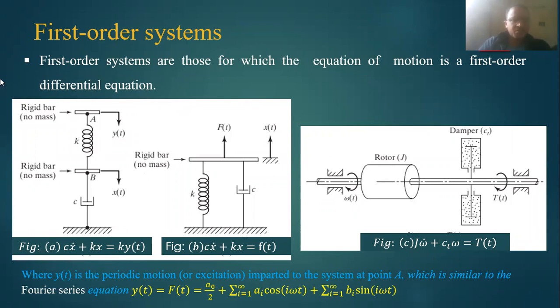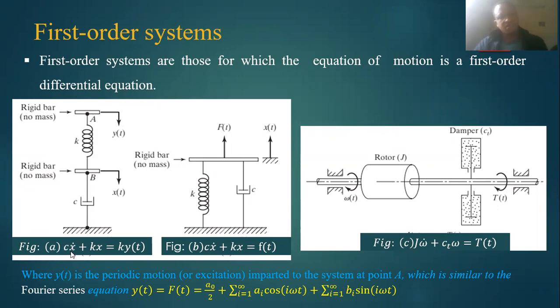This is a system consisting of a massless rigid bar, which is connected with some material stiffness K, and deflecting y of t from point A. Again, there is another rigid bar having x of t. So we have different coordinates here, y of t and x of t, and there may be a relative displacement between the two points at B, which is connected to the base with viscous damping.